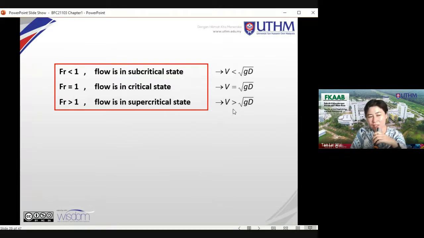If the velocity is very high compared to square root GD, you expect the flow to be supercritical state. That's why your Froude number is greater than 1. If velocity is exactly equal to square root GD, then the flow is critical.